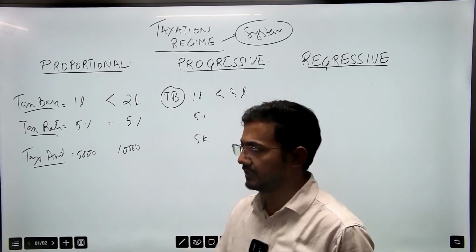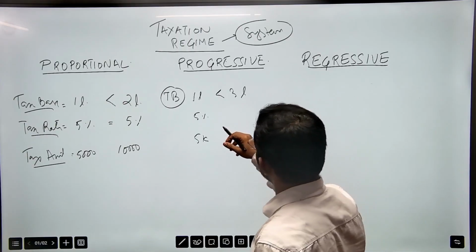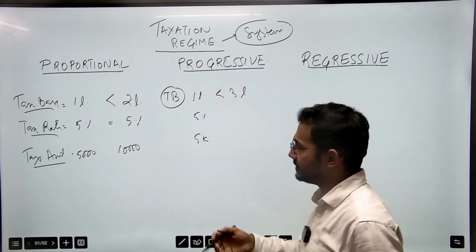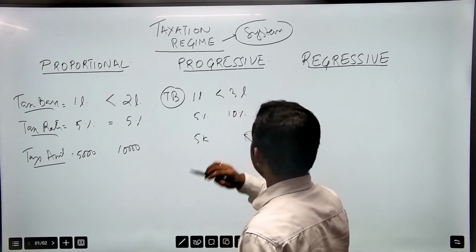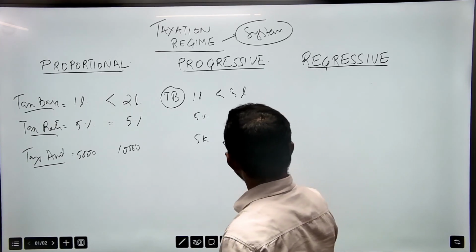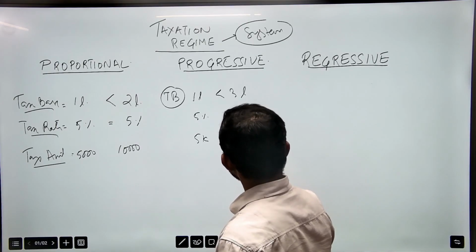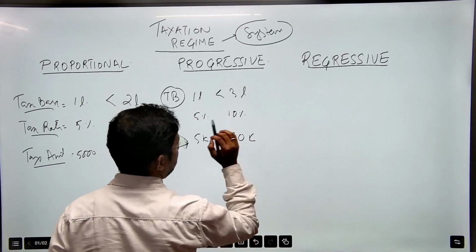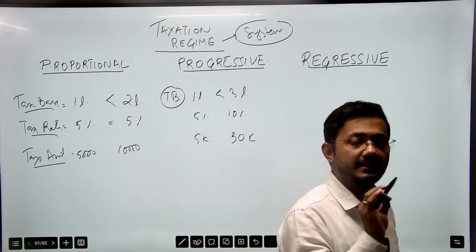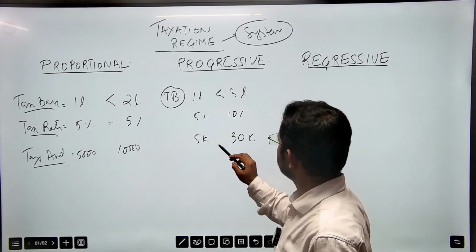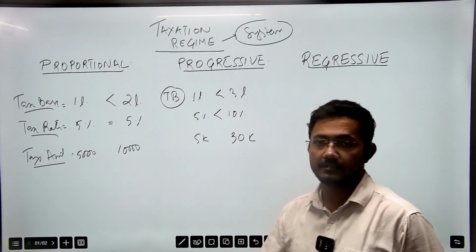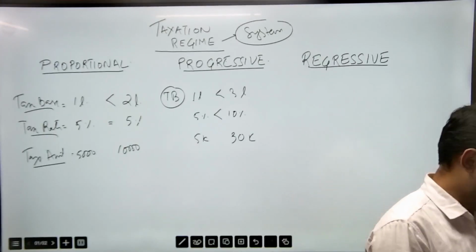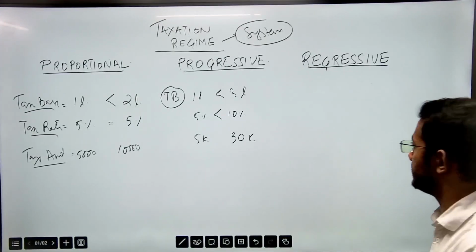I am just giving a hypothetical example. The government had decided that if you touch or exceed 3 lakh rupees, you have to pay 10% as tax. So it will be 30,000 that you have to pay as tax if your income is 3 lakh. So with the increase in tax base, there is an increase in tax rate also. This type of taxation is known as the progressive taxation regime.